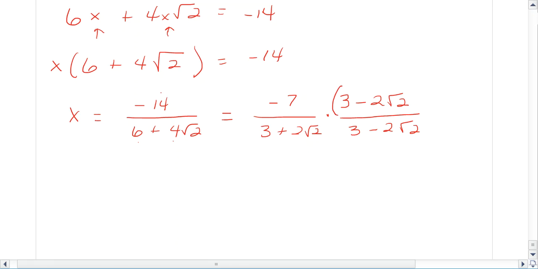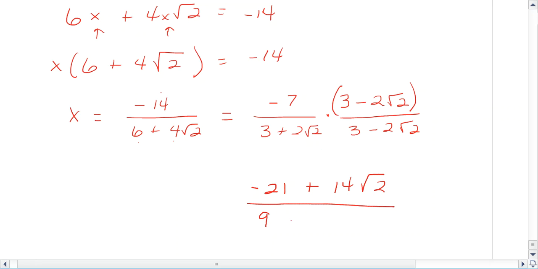So if it helps you to see the distribution, put that in parentheses. Multiplying that by -7, I would get -21 plus 14 square root 2 all over. And then if you FOIL this out, you'd get 9. And then we'd have our two middle terms that subtract away. We'd have our plus 6 square root 2 minus 6 square root 2.